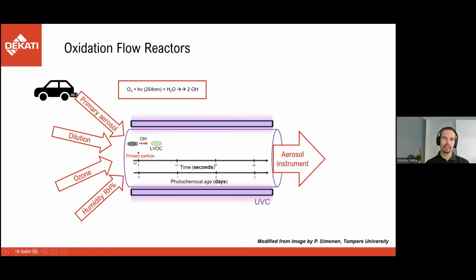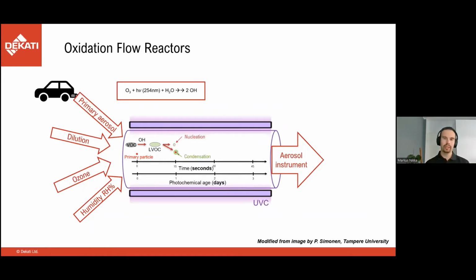When the processes go on along the reactor, the hydroxyl radicals will react with the volatile organic compounds, producing low volatility organic compounds. These low volatility organic compounds may nucleate or condense on top of the existing primary particles.